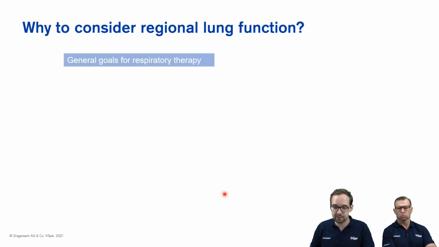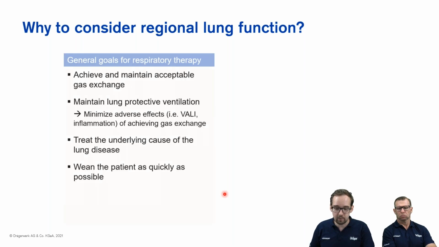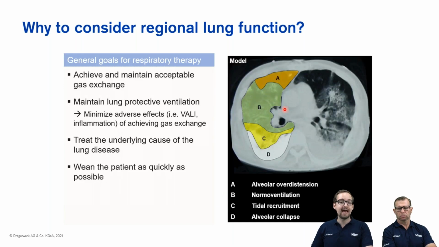So, image-guided lung protection. As we just discussed, we have various different tasks and goals of therapy. However, when we look at an ARDS patient, or in this case at a model of an ARDS patient, we can see a picture which looks something like this. In this CT scan, we see areas of the lung which are collapsed. This is area D. But at the same time, there might be areas of the lung which are experiencing overdistension.